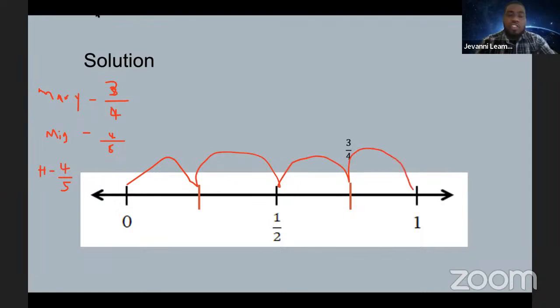All right, so I jumped 4 times from 0 all the way to 1. Now, which one of these fractions, or which one of these persons, would indicate that I jumped 4 times? Would I use 3/4?